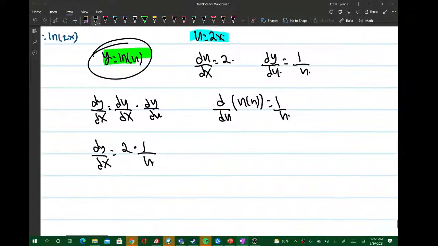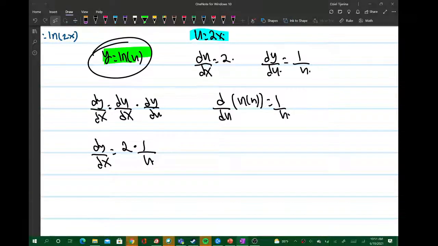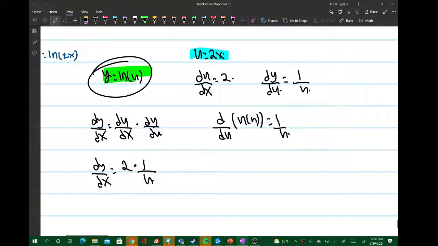The derivative of u with respect to x is 2, because u equals 2x.